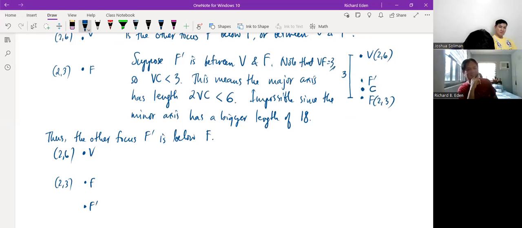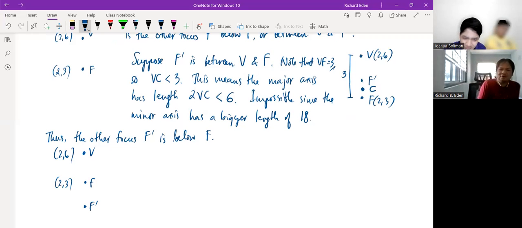Well, we're looking for the center, so we need A, B, C, or if not all of them, maybe just two of them. The minor axis is 18, so 2B is 18, so B is equal to 9.